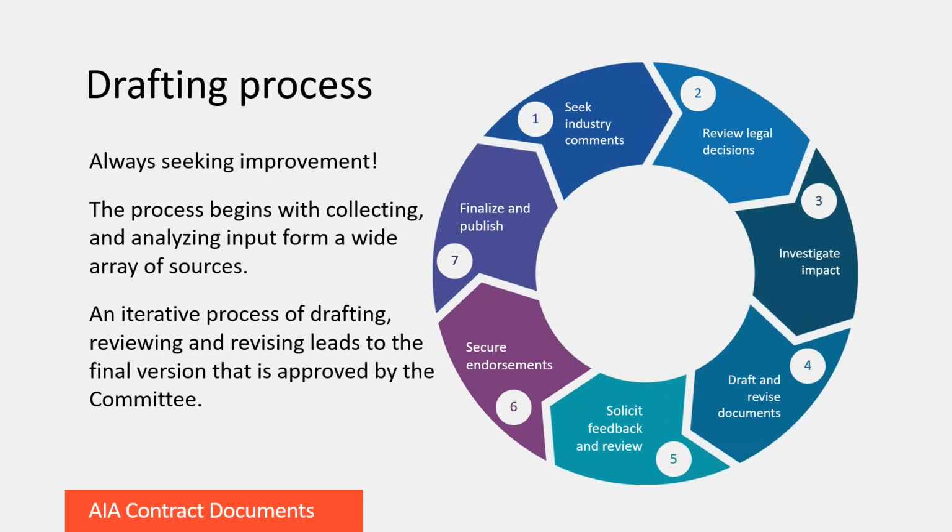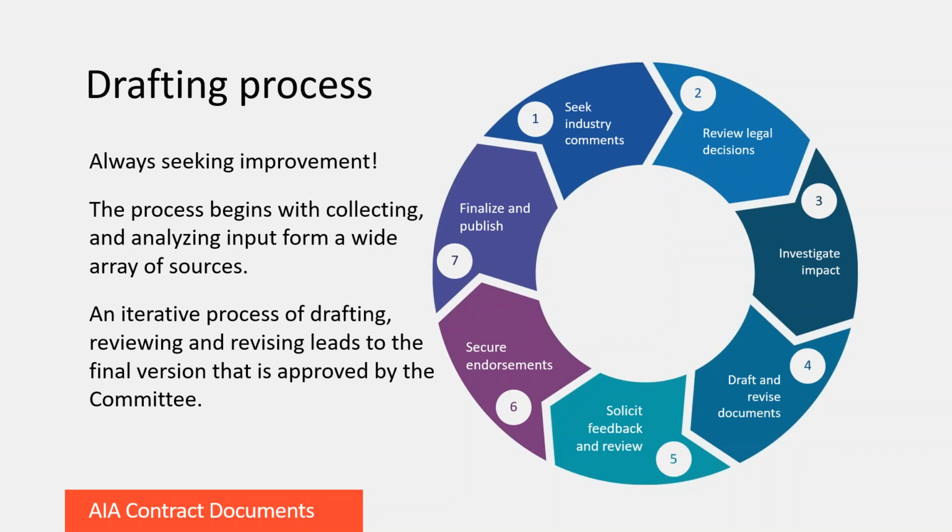And then from there, we look at decisions from courts and other projects that may impact the direction of these documents, or if it's a new form, looking at what needs to be in place in the industry to fill a void with a new resource. And then there's a process that goes from there to refine the documents and to circulate them. There's a painstaking process.